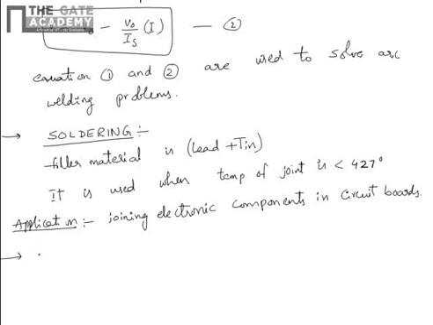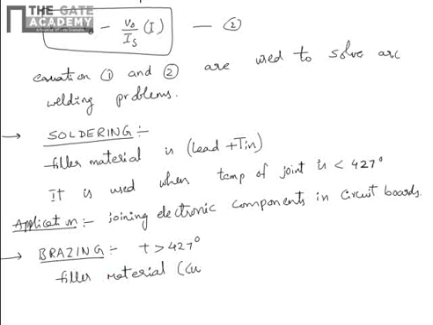Next one is brazing. When the temperature of the joint is greater than 427 degrees, we need to use brazing. The filler material here is a combination of copper and zinc.